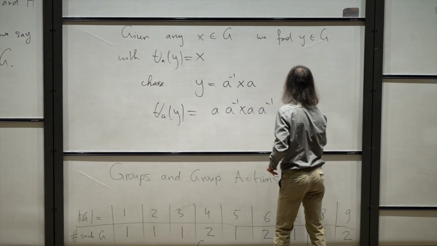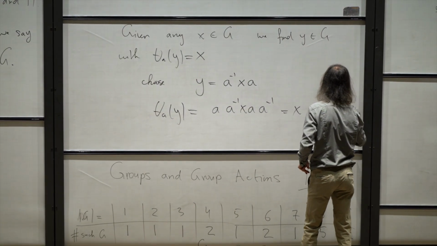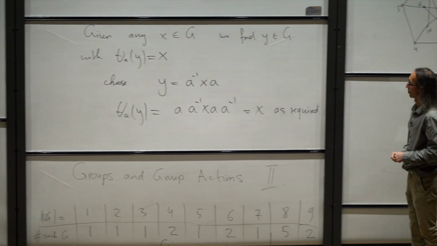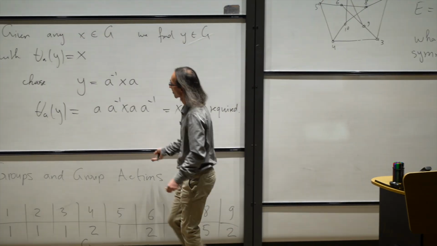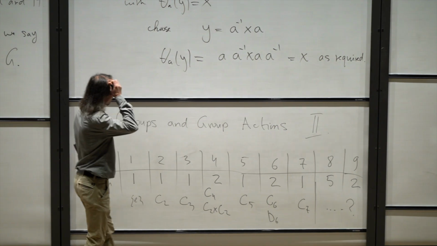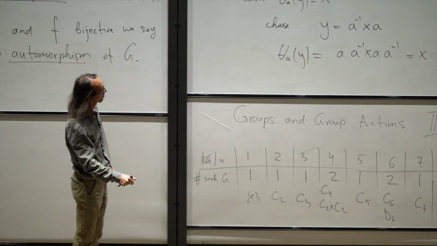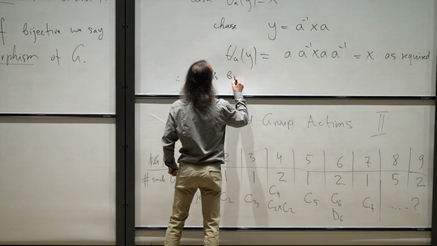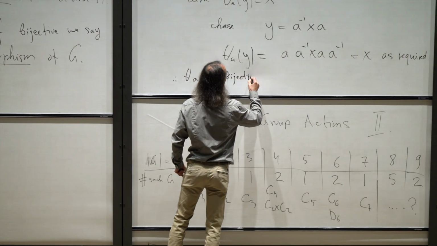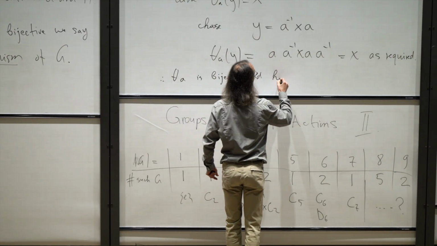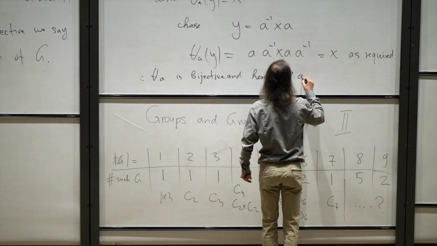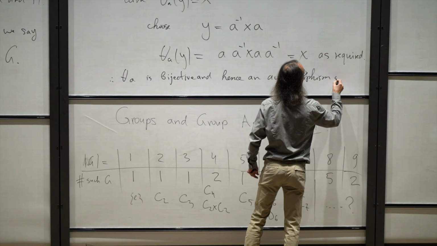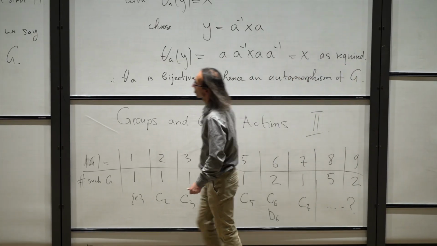These cancel, so this is x as required. Hence, theta A is bijective, and hence an automorphism of G.